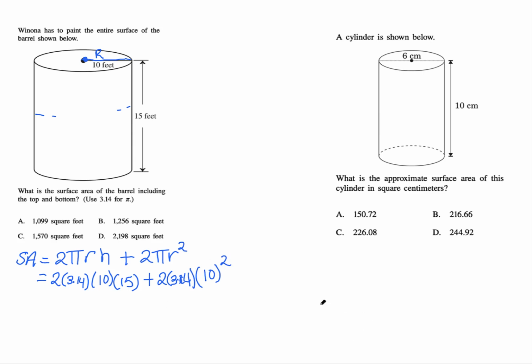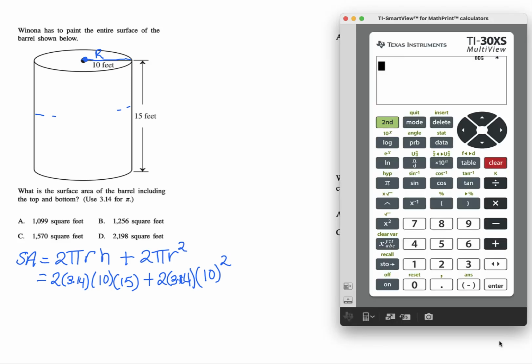So on the GED test, you're simply going to write your formula, replace the variables by their numerical value, get your calculator, and we're going to plug everything in. So I like to use parentheses. So I'm going to open a parentheses, and I'm going to plug in 2 times 3.14 times 10 times 15. I'm going to close that. Add.